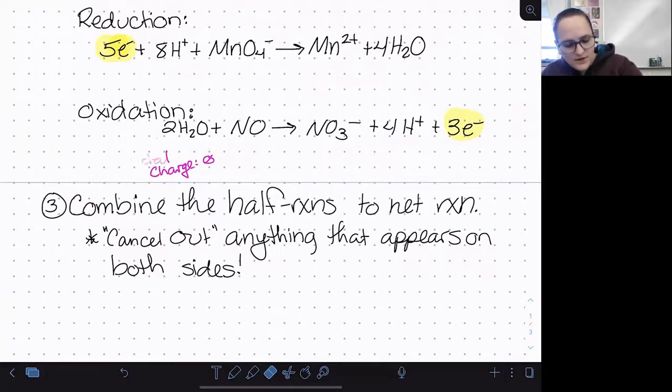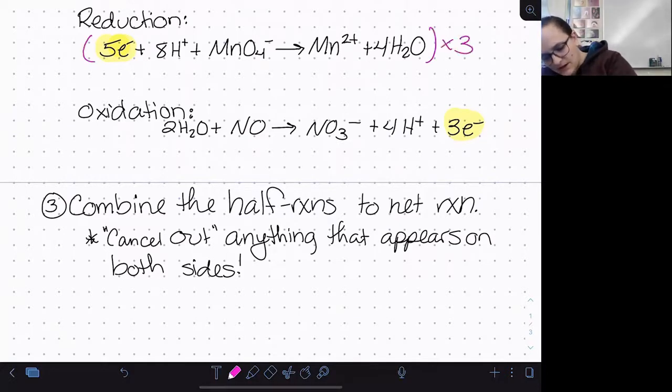So we have 3 electrons given off in our oxidation and 5 gained in our reduction. So the simplest way that we can remedy this is to multiply all of our coefficients in the reduction reaction by 3 and in the oxidation reaction by 5.